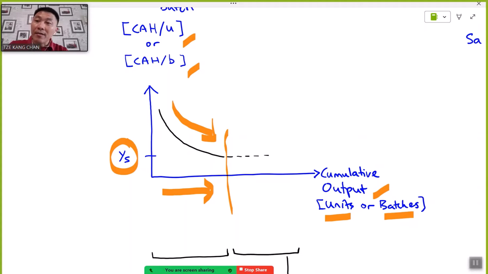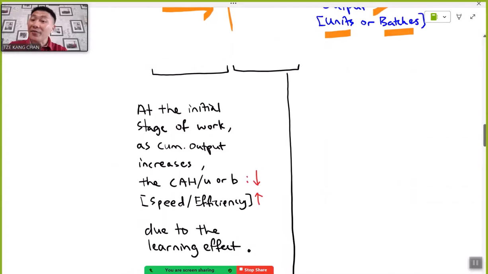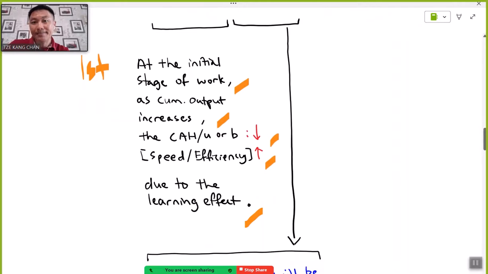In short, the two stages of this diagram are represented by the following statements. During the first stage, at the initial stage of work, as cumulative output increases, the cumulative average hours per unit or batch decline. That's where the speed or efficiency improves due to the appearance of the learning effect.